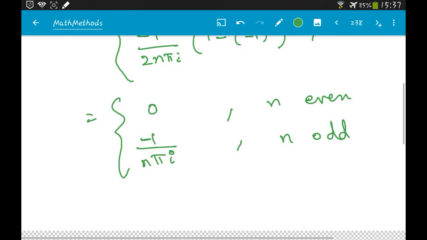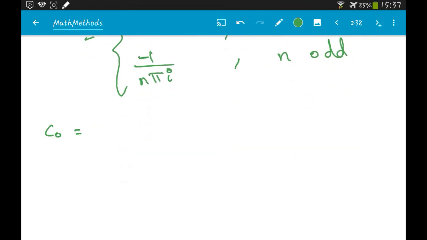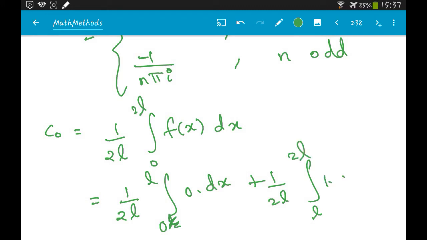Alright, and what about c naught? c naught is given by 1 by 2L, integral from 0 to 2L of f of x dx, right? So this is going to be 1 by 2L, integral from 0 to L of 0 dx plus 1 by 2L, integral from L to 2L of 1 dx.